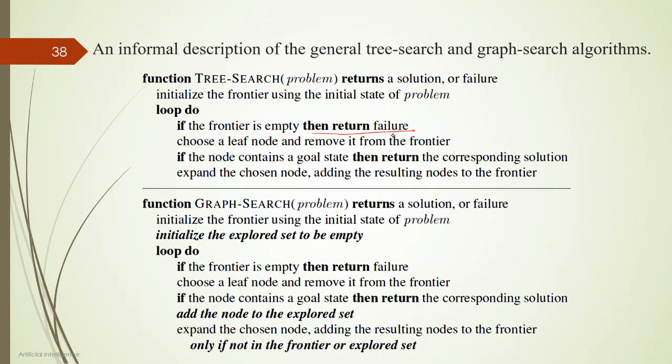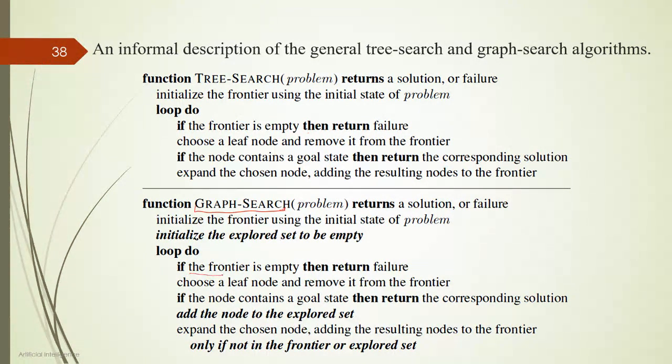Choose a leaf node and remove it from the frontier. If the node contains a goal state, return the corresponding solution, meaning you have found the goal. Okay. Graph search is the function we use here, and inside this function we check whether each branch is the goal. If not, we take the action and move to the other node.